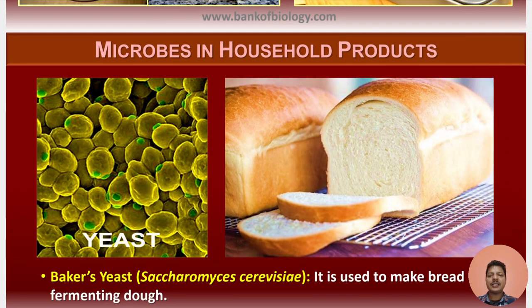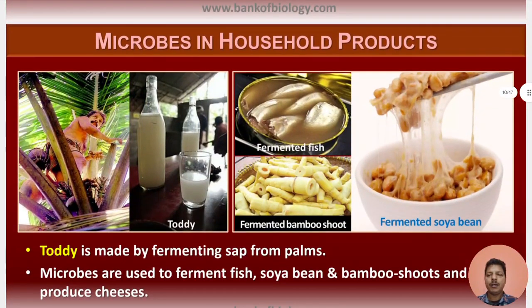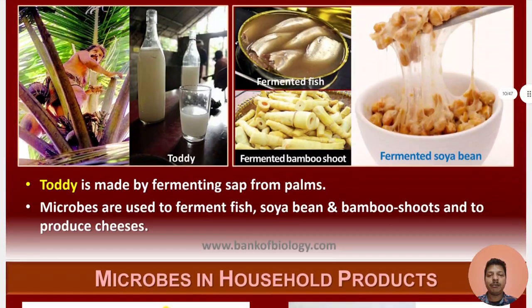Then baker's yeast, Saccharomyces cerevisiae. It is used to make bread by fermenting dough. Toddy is made by fermenting sap from palms. Microbes are used to ferment fish, soybean and bamboo shoots and to produce cheese.